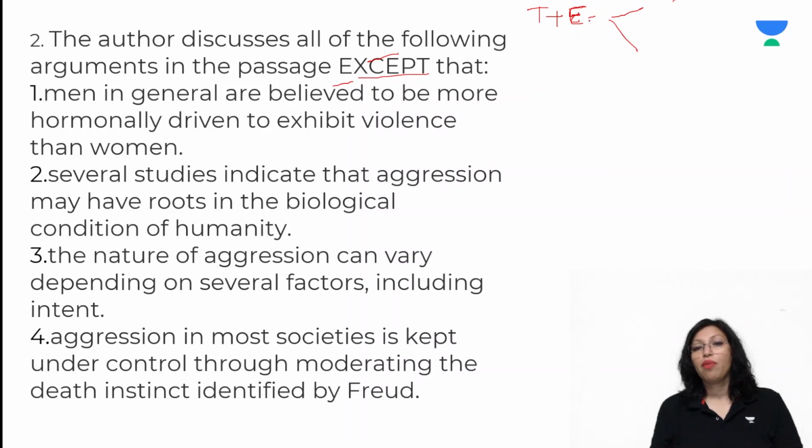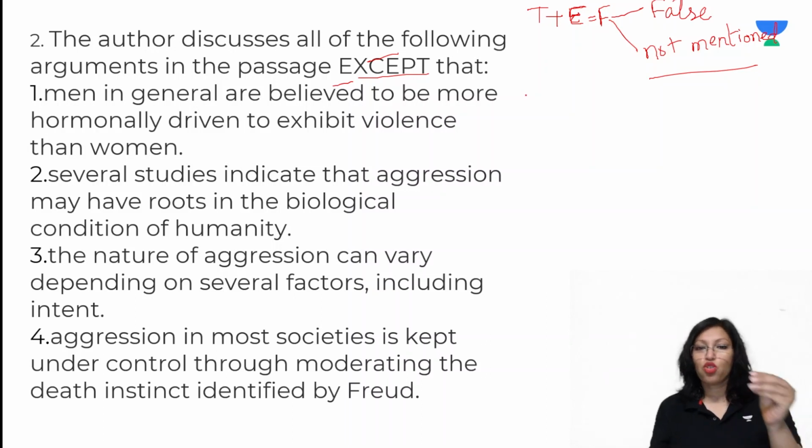So true plus except is always false, so either look for the false answer or look for the one that is not mentioned. Ideally the false answer will be the best answer. Okay, so when you go through the options, mark true false, whatever the answers are, and accordingly you will be able to spot this in an easier fashion, otherwise it will drive you crazy.